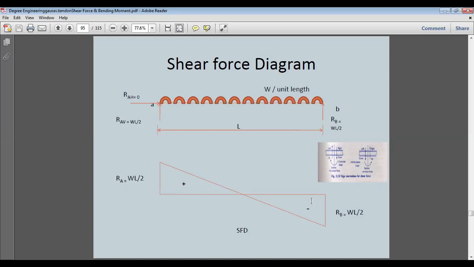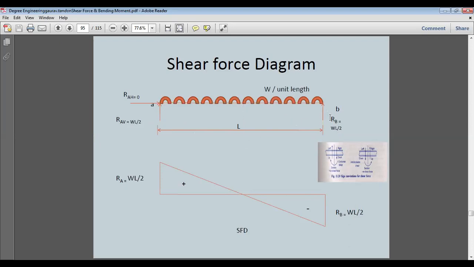So this is the length of span. Here we have a vertical reaction RB vertical upwards, that is WL by 2. And similarly, WL by 2 is the vertical upward reaction at the knife edge support. So this is vertical upwards and this is vertical upwards. Whereas in the middle we have the weight W into L acting downwards.